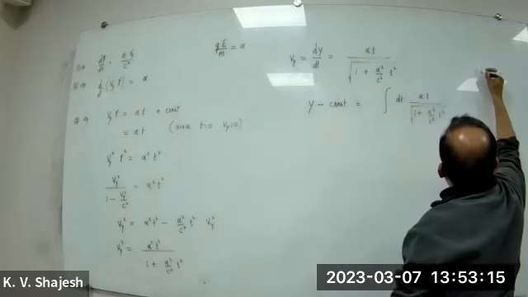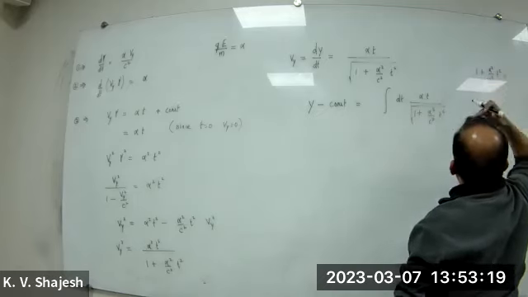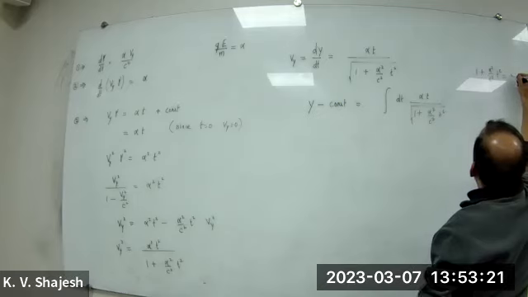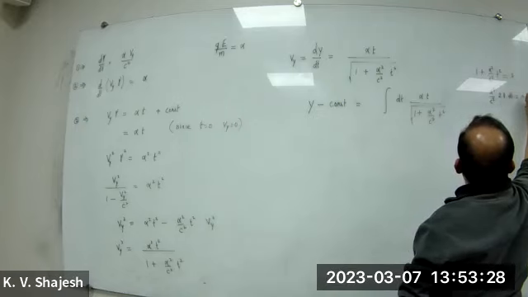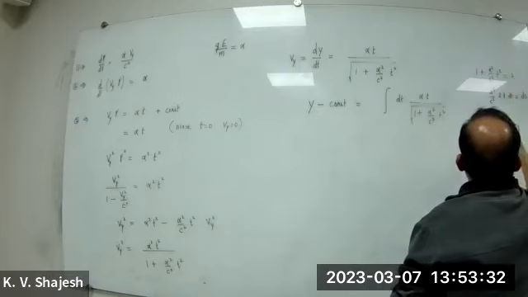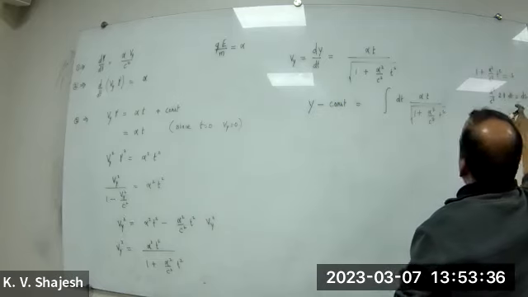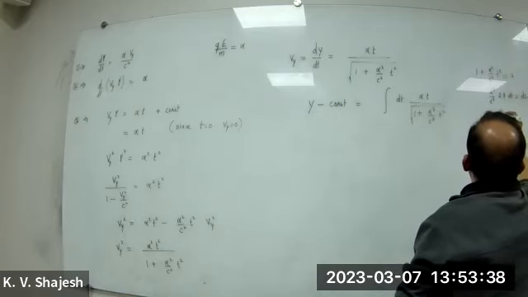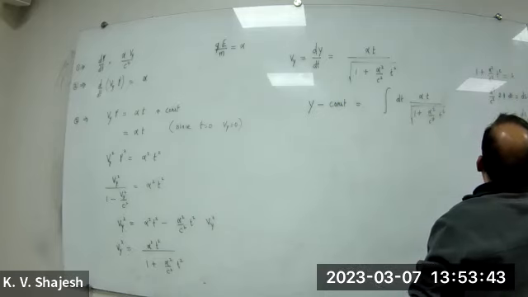Substitute 1 plus alpha squared over c squared t squared equal to, let's say, s. So alpha squared over c squared times 2 t dt is equal to ds. So t dt is equal to ds over 2 alpha squared over c squared.